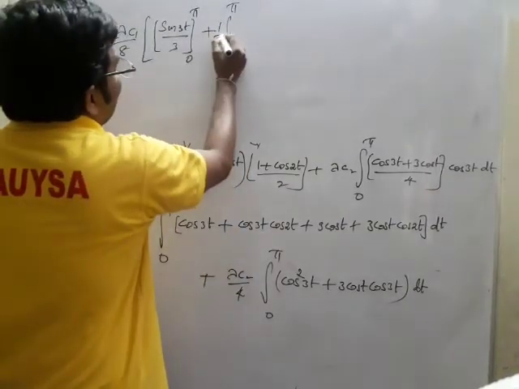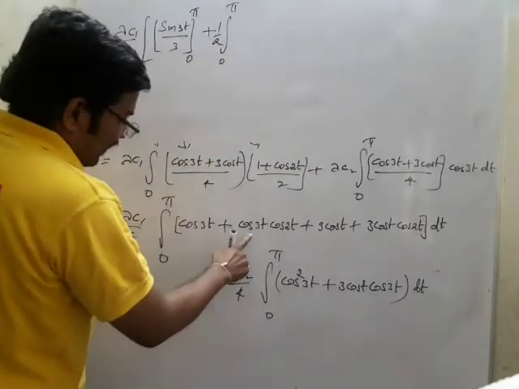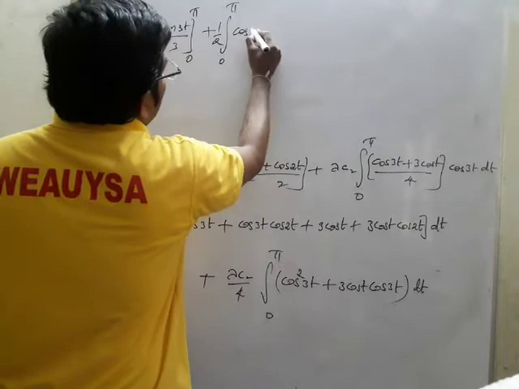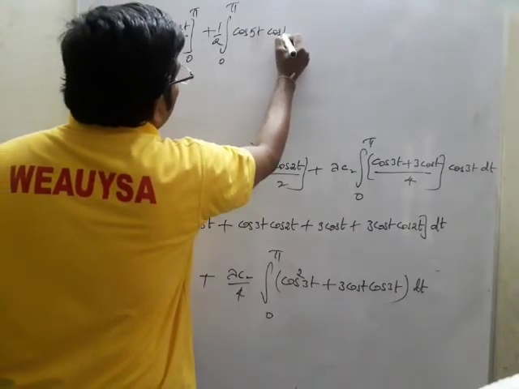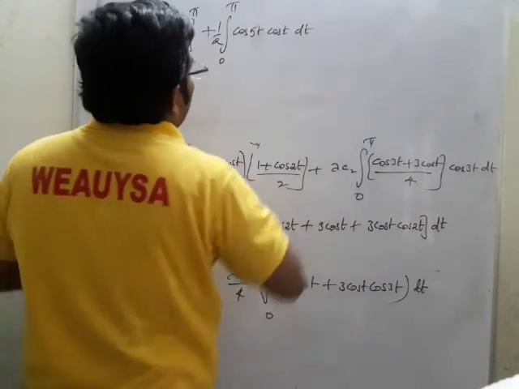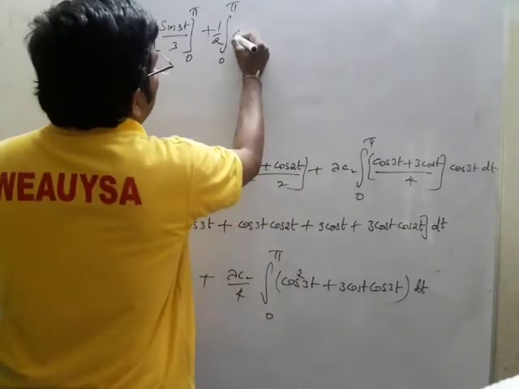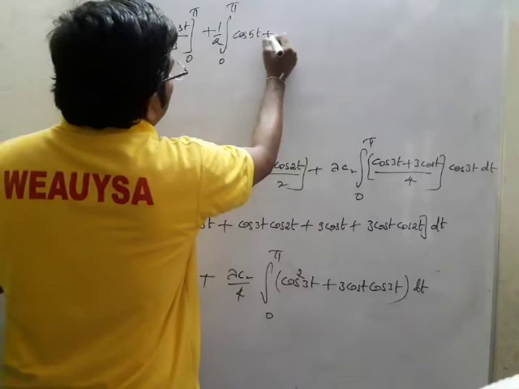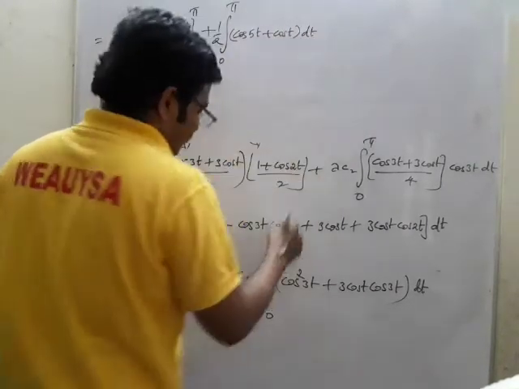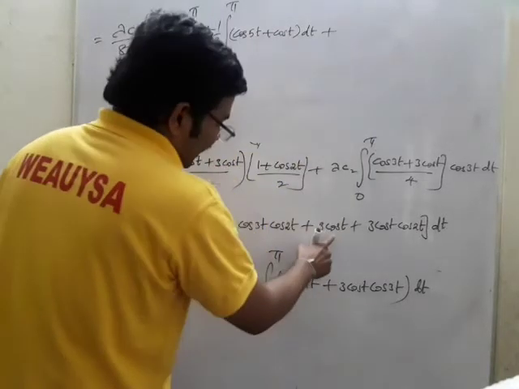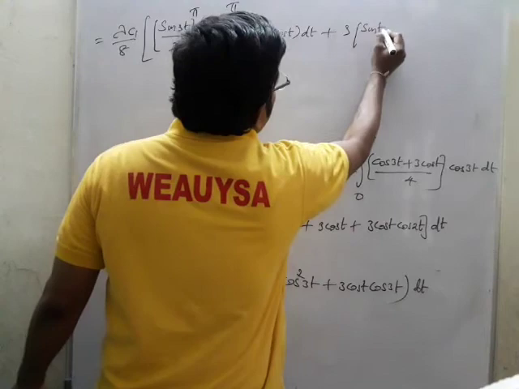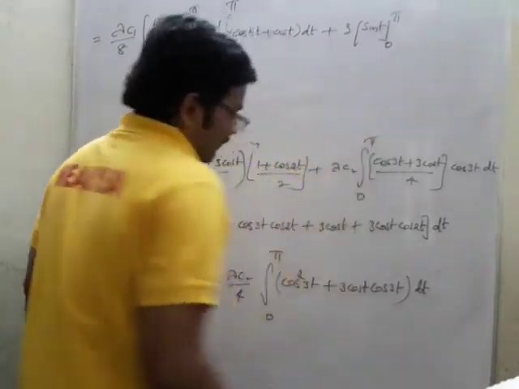I'll multiply 1 by 2 and divide 1 by 2, cos A plus B plus cos A minus B, dt, plus I'll take directly this one 3, then it becomes sin t under 0 to pi.